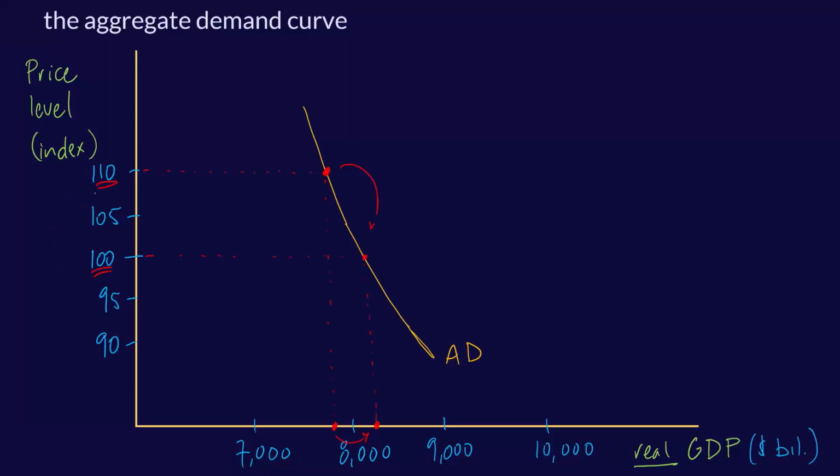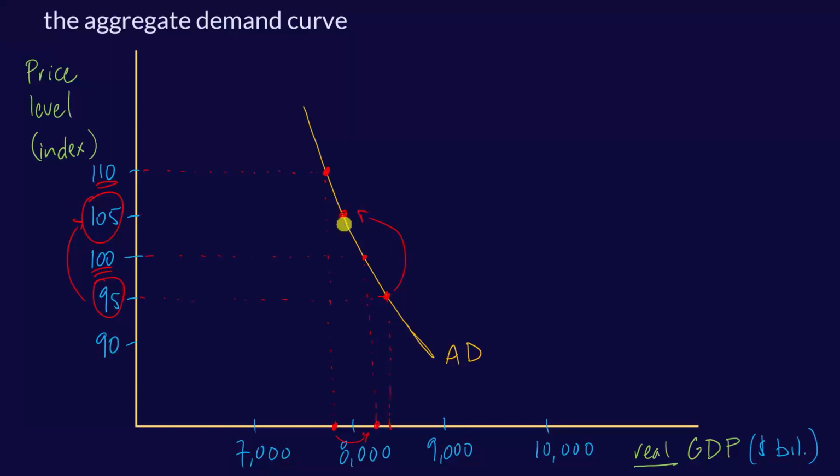On the other hand, if, say, we go from 95 to 105 for our price level, then we're going from this point on the aggregate demand curve to this one here.